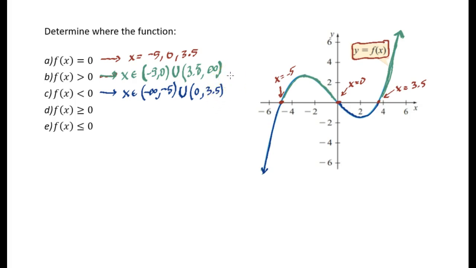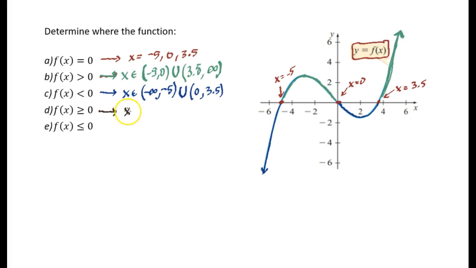Okay, so at this point, we want to look at greater than or equal to 0 and less than or equal to 0. These are pretty quick, so we've actually drawn all the information we need already for this. For greater than or equal to 0, we essentially look at the previous solution we got, and it's the same solution, but we want to include where it's equal.